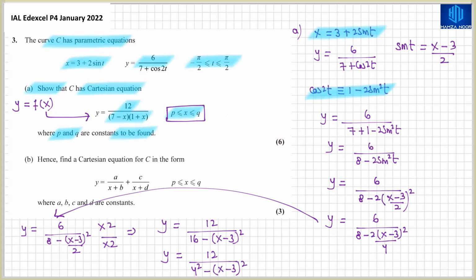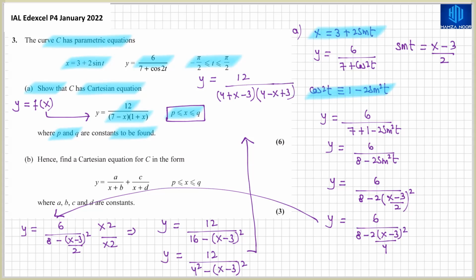Now as we can see, the denominator of this fraction has the form of a difference of squares, meaning it is in the form a squared minus b squared, which can be factorized into (a plus b) times (a minus b), where a is basically 4 and b is x minus 3. All right, so I am going to continue the working on the top. Therefore, y is equal to 12 divided by, first of all, a plus b, so 4 plus x minus 3, multiplied by a minus b, so 4 minus x plus 3.